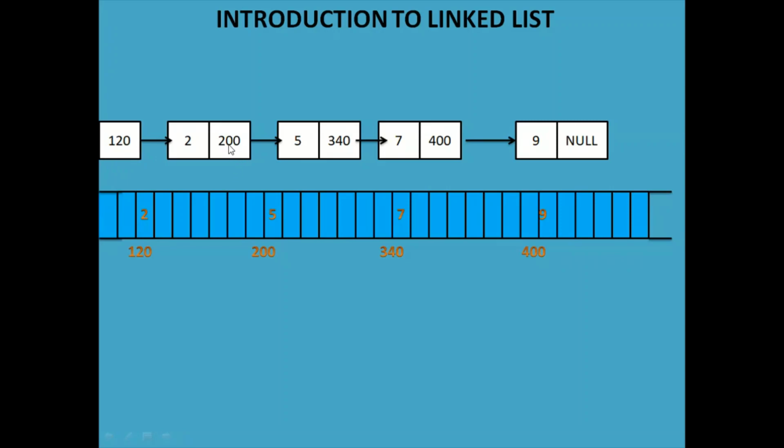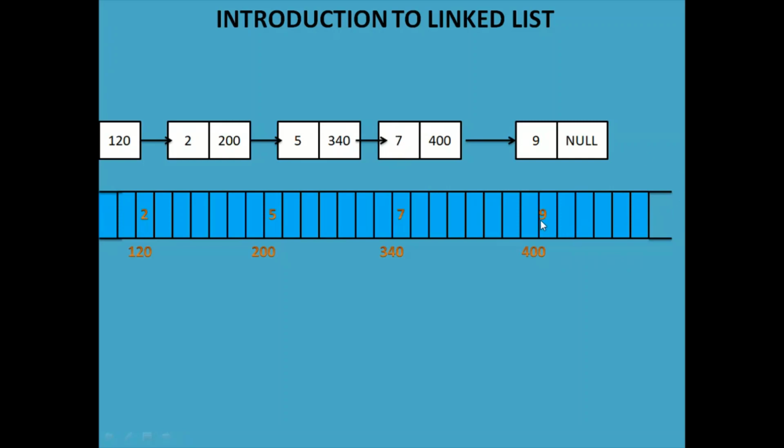Whereas what is 200? This 200 is the address of the next node. That is, the value 5 is being stored at address 200. So this 200 is the address of this particular node where the 5 has been located. Then the number 7, what is the address? The address is 340. You can see here, this is the address of the node where the value 7 has been stored.